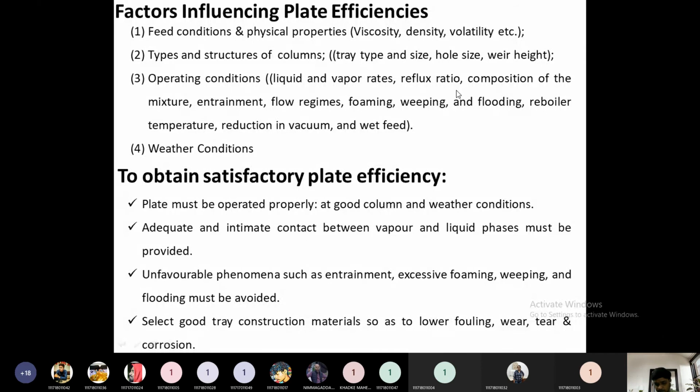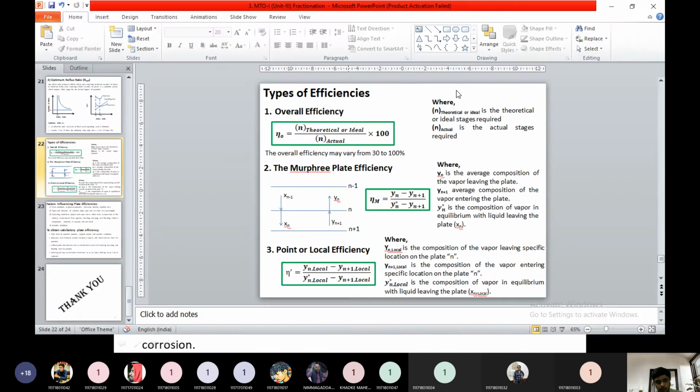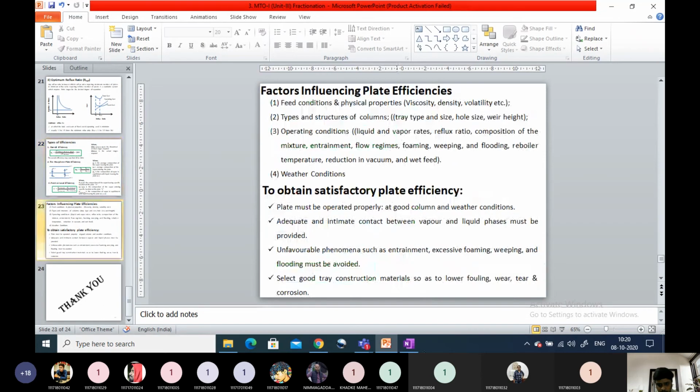We already know that the rectifying section operating line is Y is equal to R by R plus 1, where R is the reflux ratio, L by D. Depending on that R only, the operating line for the rectifying section will be set. If that line moves towards the equilibrium curve, the number of plates will increase. When the number of plates is increasing, I will show you this one.